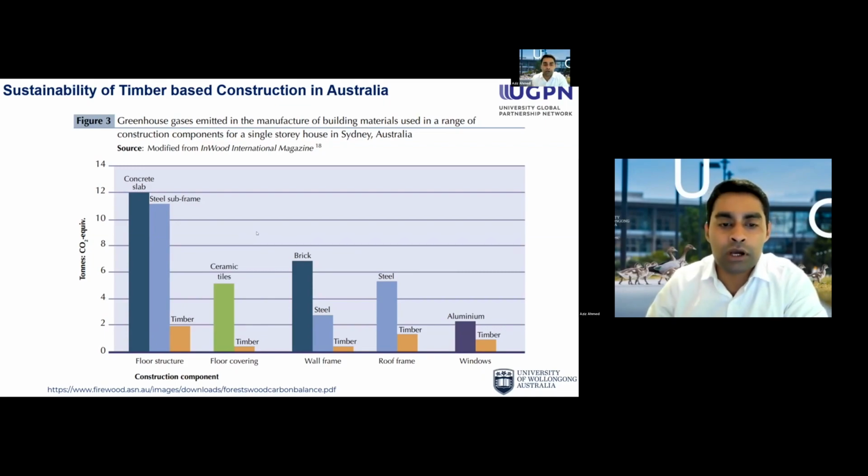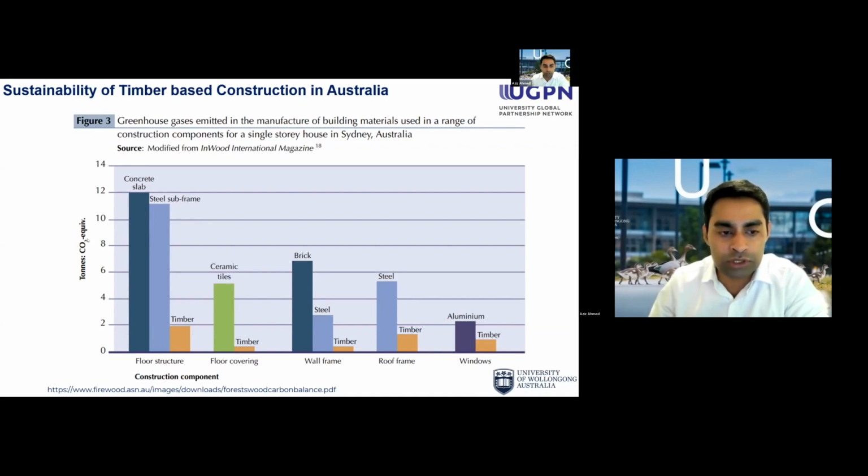That means building with timber is disadvantaged because of the way the calculation is done. However, globally, there is a push to consider the carbon storage in this kind of life cycle analysis, and we intend to do that in our case as well.